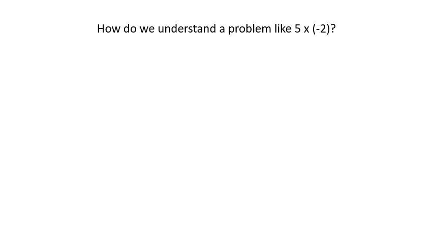So let's look at a problem like 5 times negative 2. We've already talked about the idea that if we have m times n equals p, that means we have m groups or m sets, whichever language you want to use, and there's n in each group.